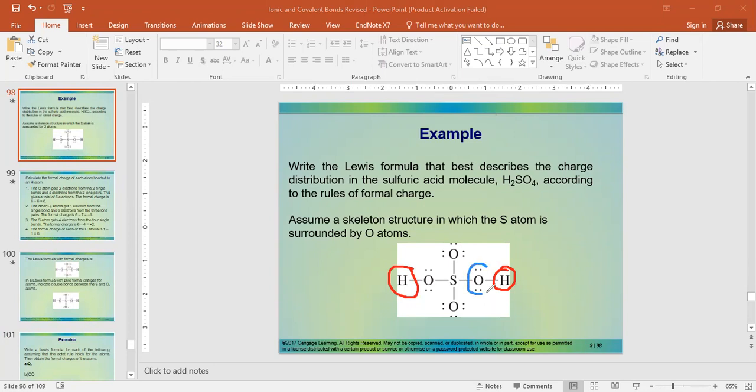Similarly, that oxygen and that oxygen are the same, meaning that when we determine the formal charge of one, it will be equal to the other. And this oxygen here and that oxygen here are the same, so they are going to be the same. Sulfur is only one. So how do we go about it?